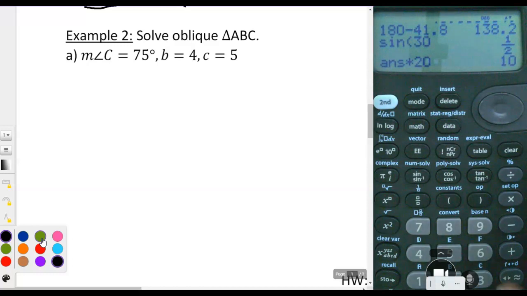Actually, no, let's just keep it as is. Let's keep it simple. So let's try this out. I'll give you a chance to do it on your own. See if it's a no solution, a one solution, or two solutions. You don't have to find any of the missing values. Oh no, this one you do have to find the rest of the missing values. So give it a go and see what happens.